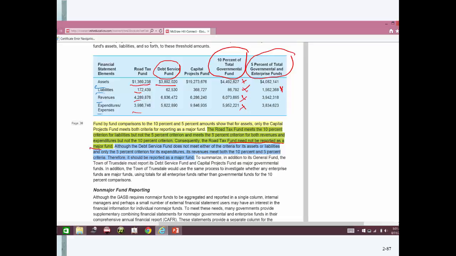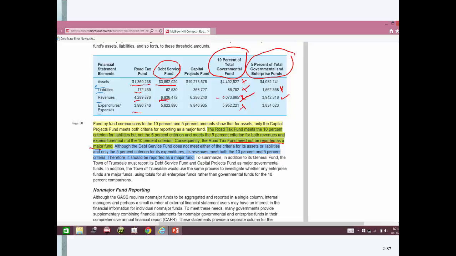Okay, how about for revenues? It has revenues of 6.8, and the threshold is 673, whatever. So it meets it, doesn't it? Does it meet the 5% test? Yes, it does, doesn't it? Here's the threshold.